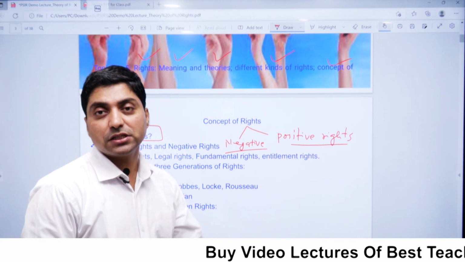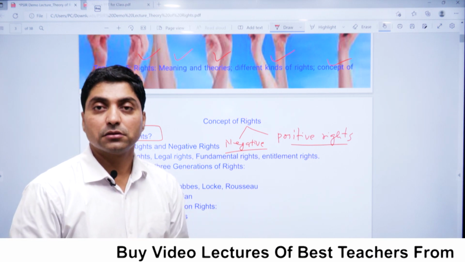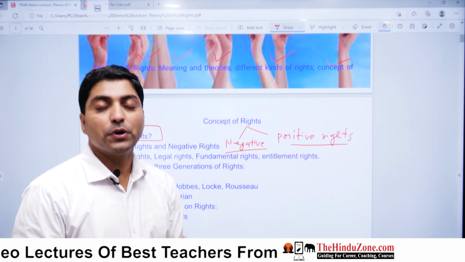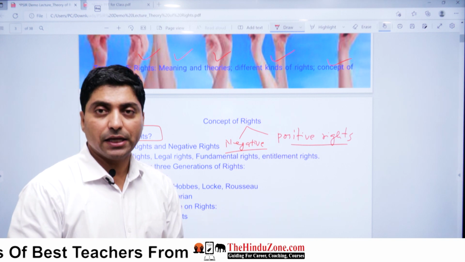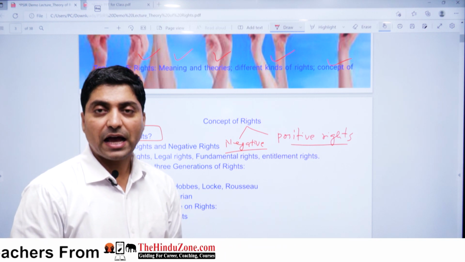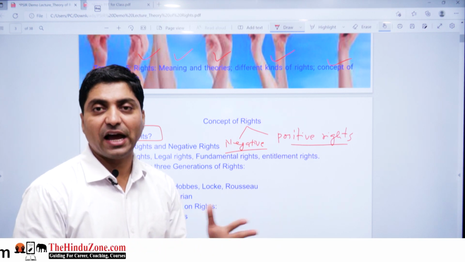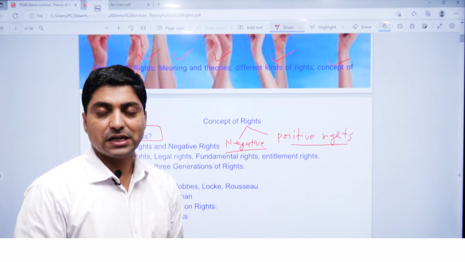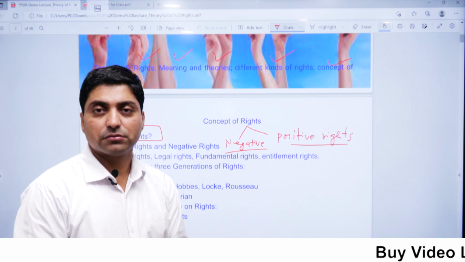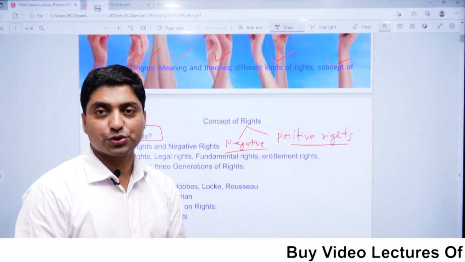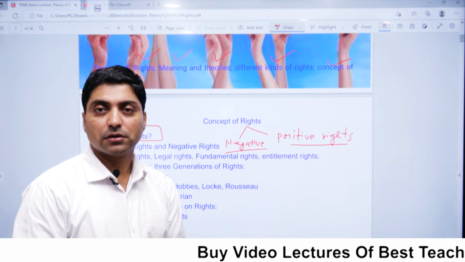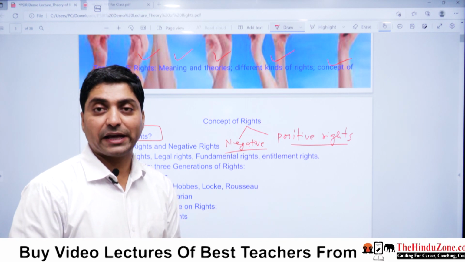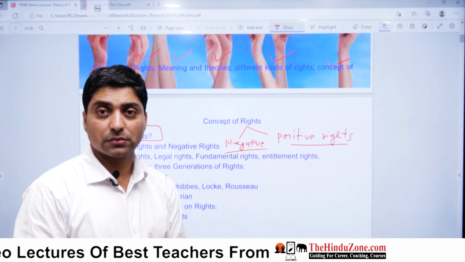If you see the term right, "this is my right" is popularly used. Recently the US Supreme Court has taken away, or you can say denied, women's right to abortion. Recently one high court denied right to abortion to a 25-year-old young girl, but the Supreme Court accepted the right to abortion.